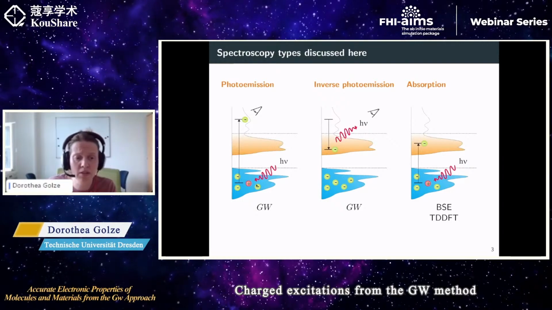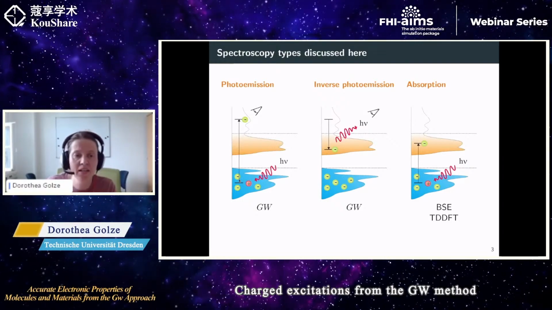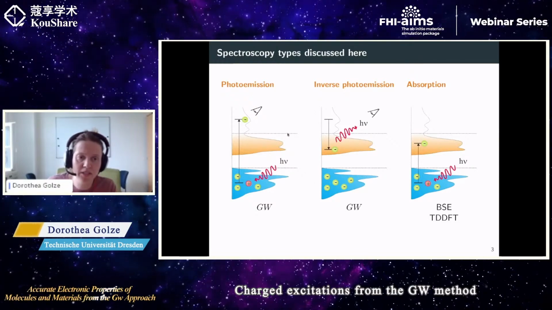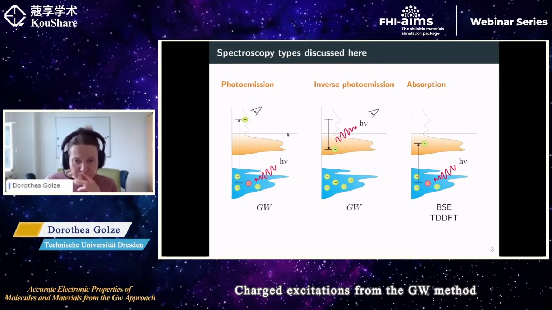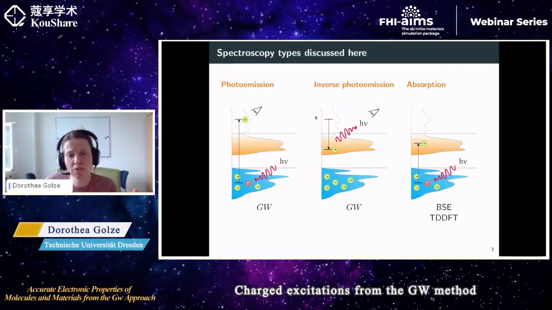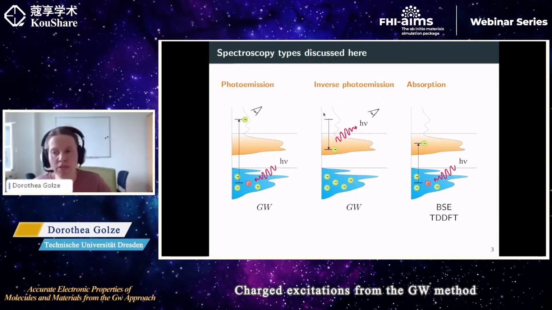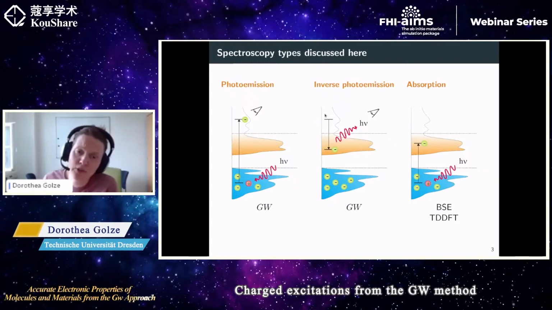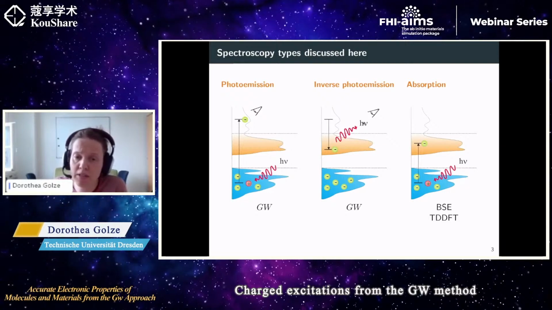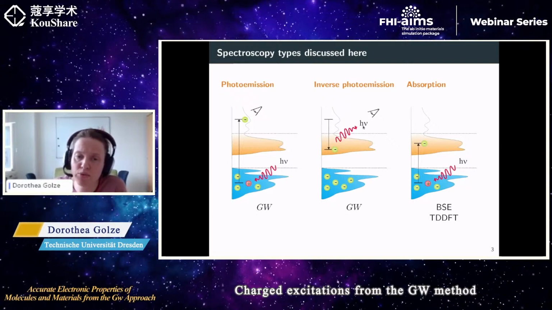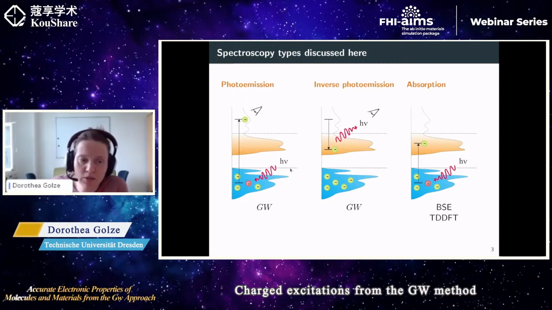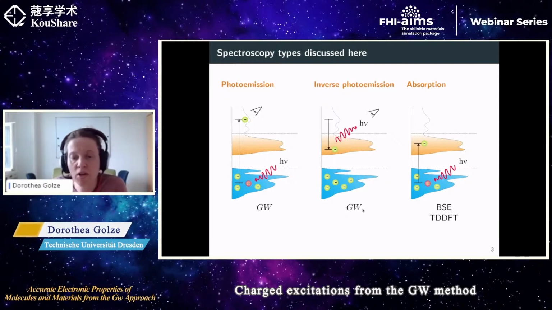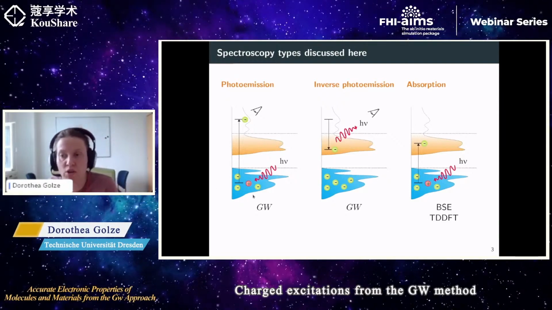In this process, an electron from a formerly occupied state is removed from the sample, so it's promoted above the vacuum level, which is indicated by the dashed line. We can also have the inverse process where we have an electron with a certain kinetic energy, and this undergoes a radiative transition to an unoccupied state, thereby emitting light, also with the energy h times nu. We call this charged excitation because the system is then charged positively here and negatively here afterwards. So this is the type of spectroscopy we can describe with GW.